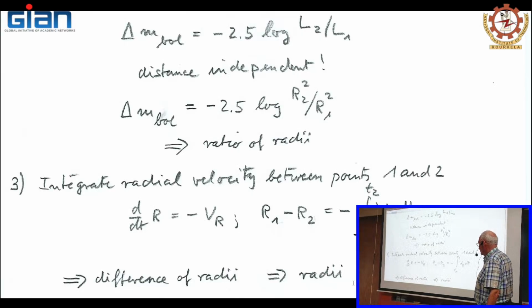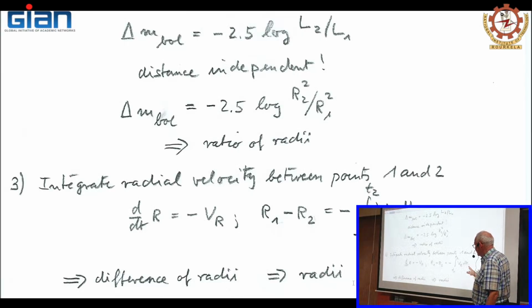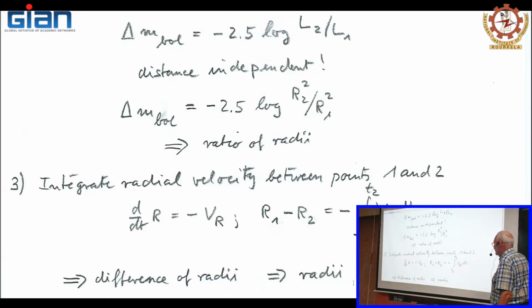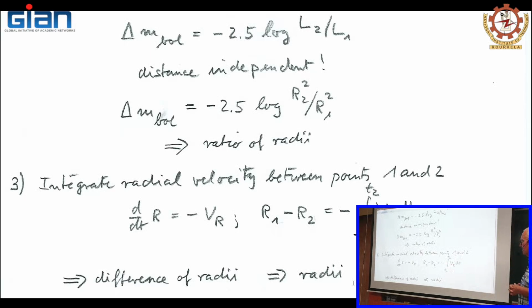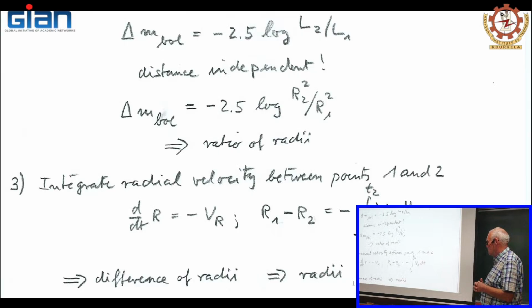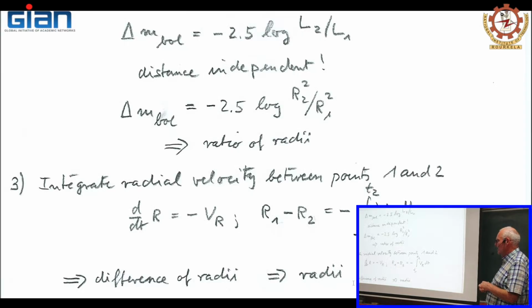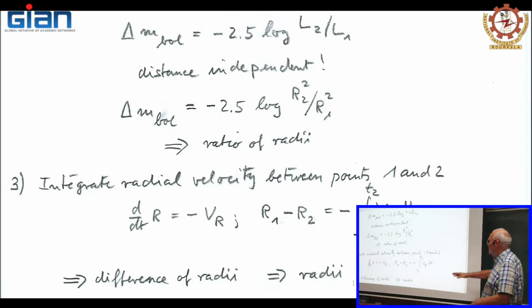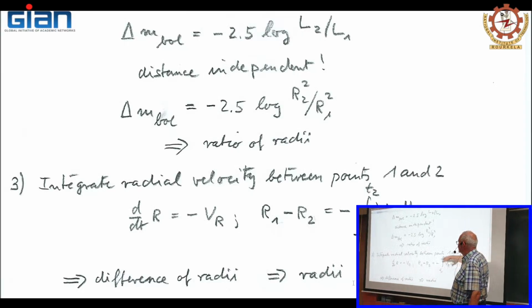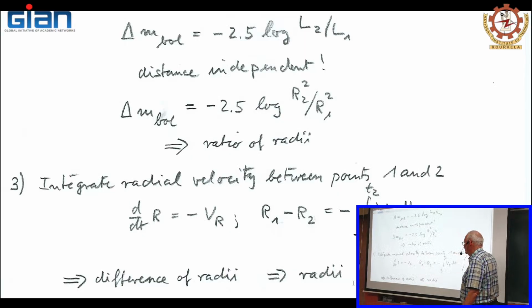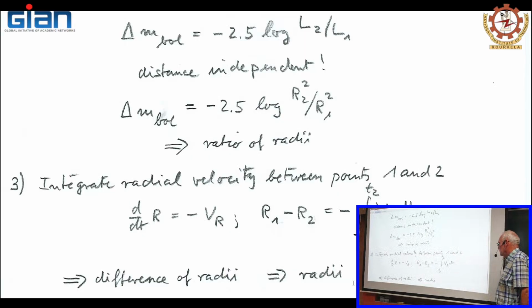In that case, using interferometry and this part of the Baade-Wesselink method, we can also determine the radii of a Cepheid without having to resort to the light curves.